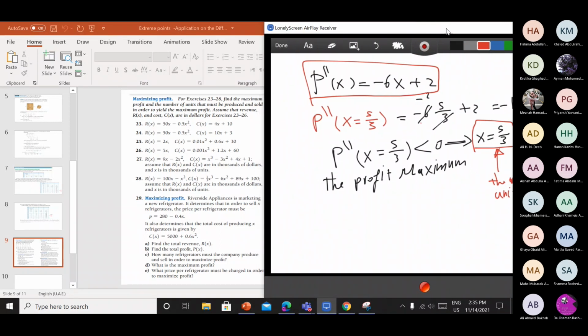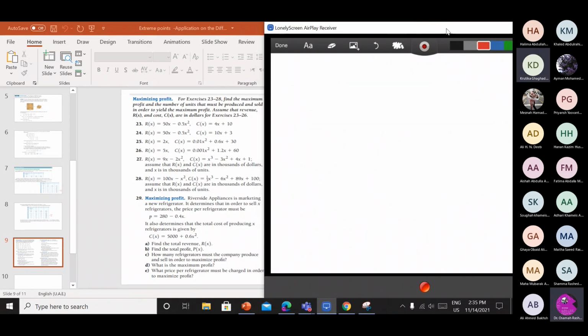Okay. Now in 29, what is given? Give you the price. The price P equal to what? 280 minus 0.4x, right?